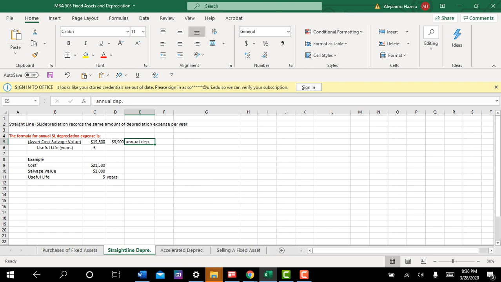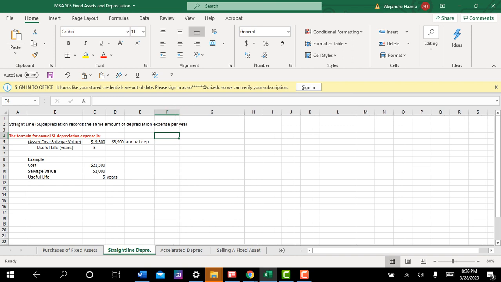Now what I'm going to do is extend the example out to these columns over here. I'm going to show you the journal entries that you would do in straight line depreciation, and then I'm going to show you how this would look on a balance sheet. I'm not going to do T accounts in this case, because I think you should already know that.